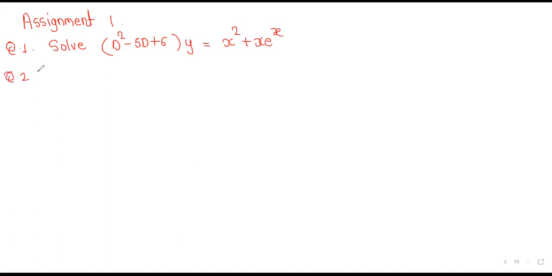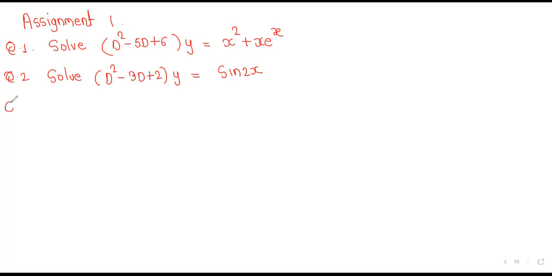Question number 2 is solve D square minus 3D plus 2 into y is equal to sine 2x.